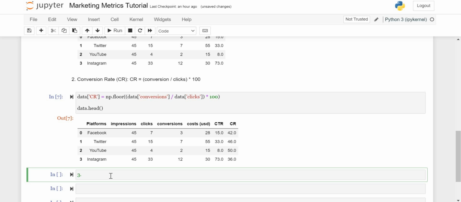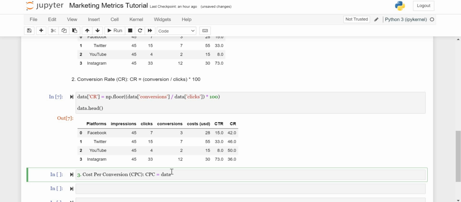So the third one is cost per conversion. Cost per conversion equals to CPC, and CPC is calculated as thus: CPC is equals to the cost divided by the conversion.